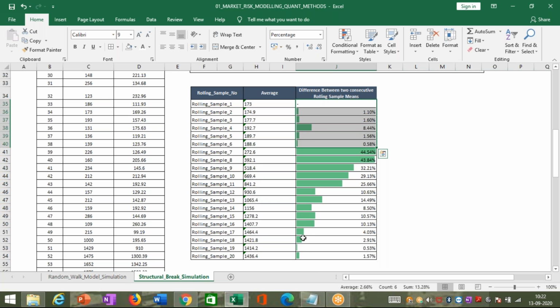And once that impact of the structural break is over again, so this is what the impact is. So between this period to this period, right, it is where the structural breaks have been included. Sorry, this to this. This is where the structural breaks have been included. Right. So what is the impact over here? The impact over here is that from here to here there has been a sudden change.